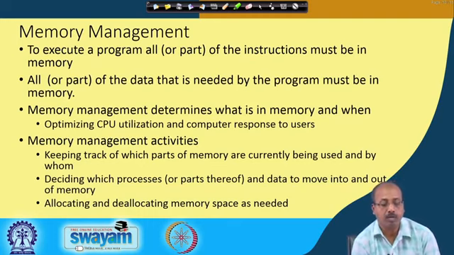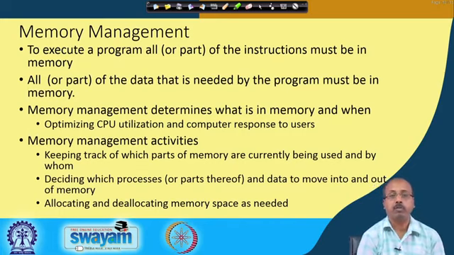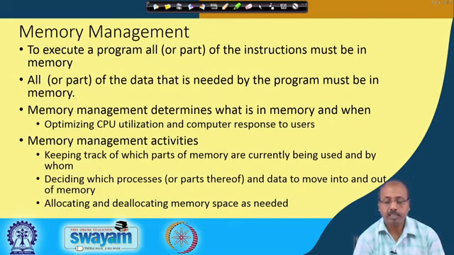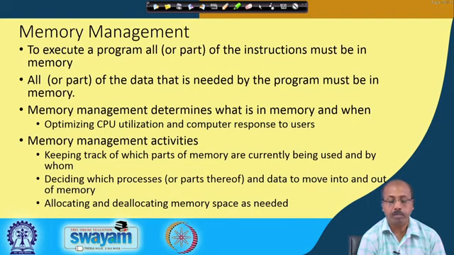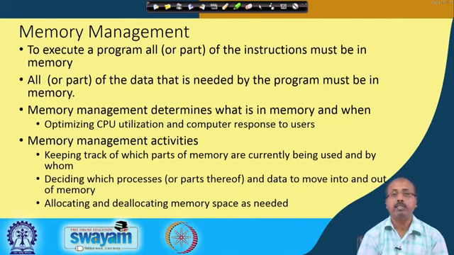The second requirement is that all of the data needed by the program must be in memory. So, apart from the program code, all the data part should also be there in the memory. Memory management determines what is in memory and when. For executing an instruction, the instruction code must be in the memory, and the variables on which this instruction operates must also be present in the memory.